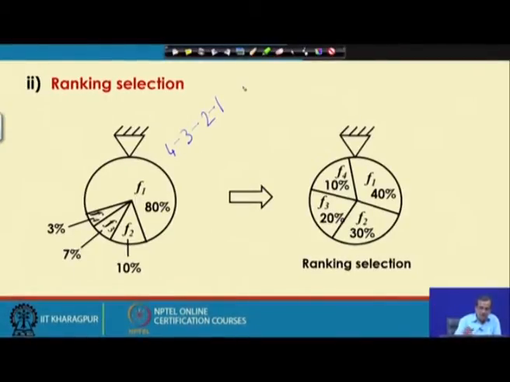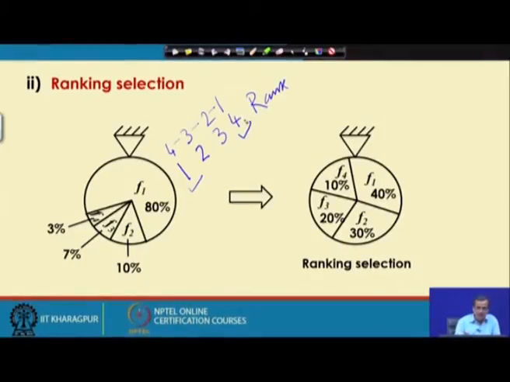Now, if this is the sorting in terms of fitness, we try to assign some rank. The string which has the lowest fitness is assigned rank 1, the string with the next higher is assigned rank 2, next is rank 3, next is rank 4. That means the string with the lowest fitness is assigned rank 1 and the string with the highest fitness is assigned rank 4.